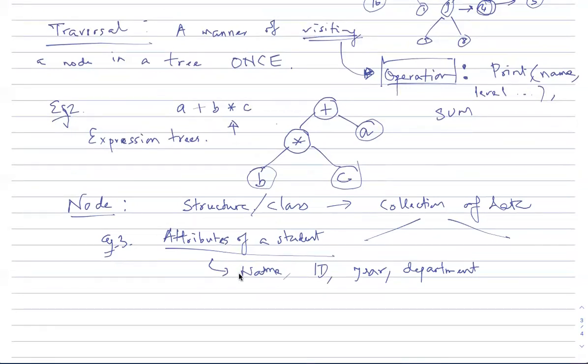Now, when I am looking for something, I may like to look for something which is very unique, in order to identify a student. There may be multiple students with the same name, so name may not uniquely identify a student.